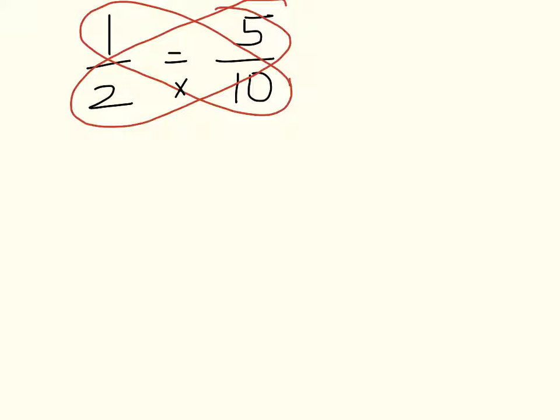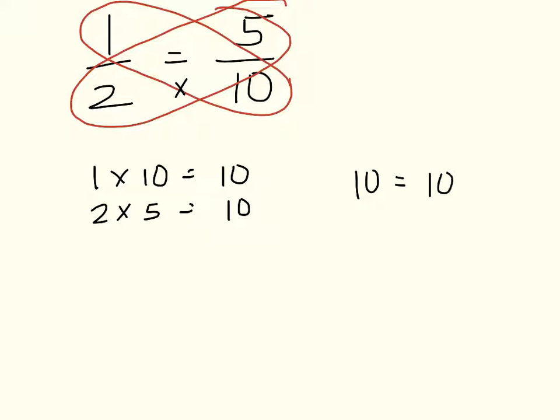In this case, 1 times 10, 2 times 5. 1 times 10 has a product of 10. 2 times 5 has a product of 10. And because 10 equals 10, they're equal. These fractions are equal. It's proven.